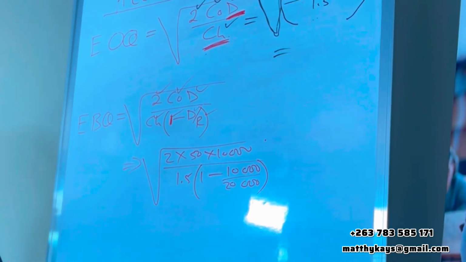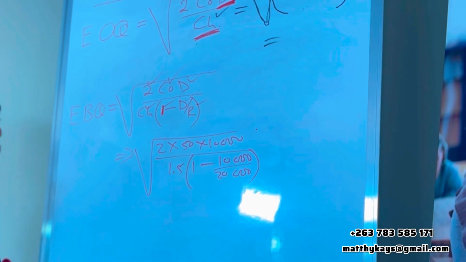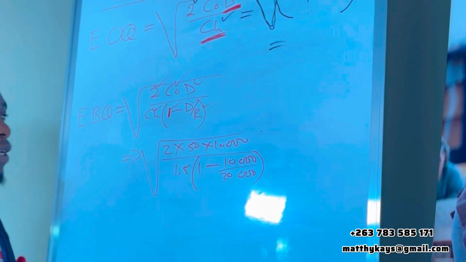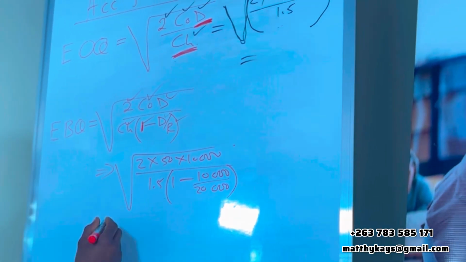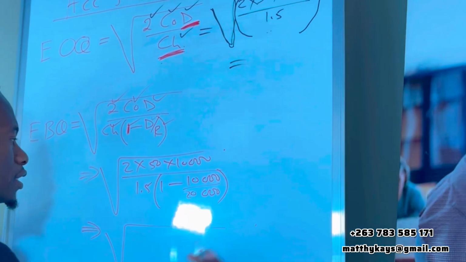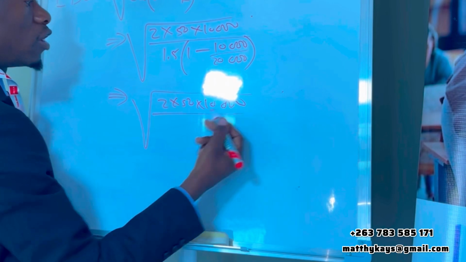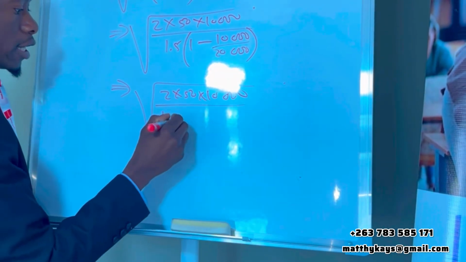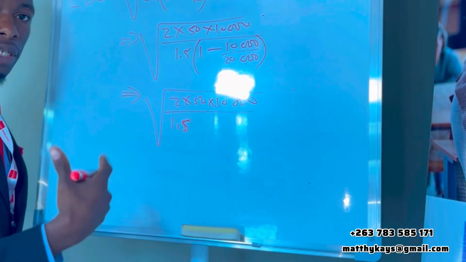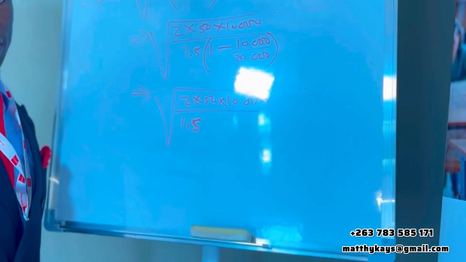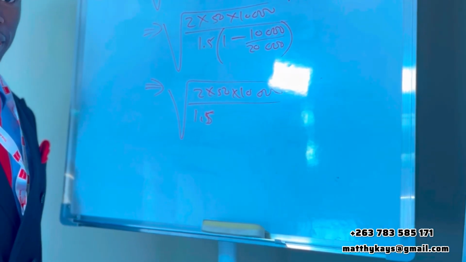All you need to do here is to apply mathematics. Pure common sense. Basic stuff, primary school stuff. The first thing, you solve what is in the bracket. Allow me to do step by steps. I don't like shortcuts. Baby steps, you surely get there.